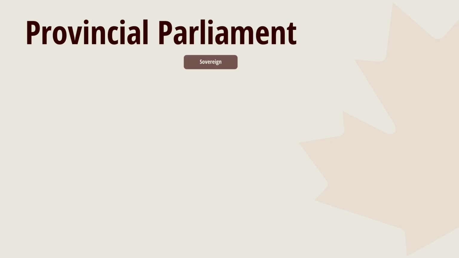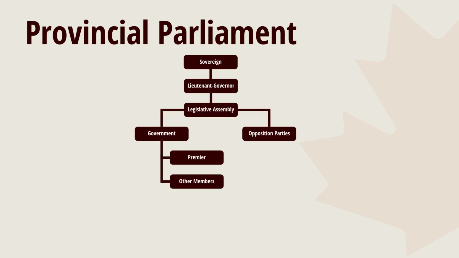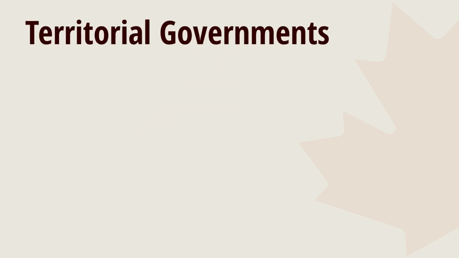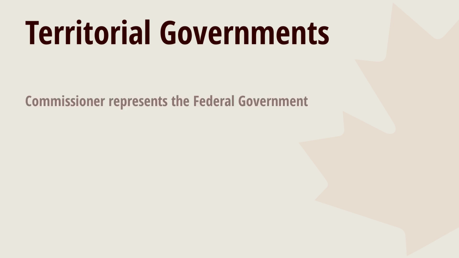Each province has a lieutenant governor who represents the sovereign and an elected assembly, similar to the House of Commons, with elected members. The leader of the political party in power in the provinces is called the Premier. In the three territories, there is a role called the Commissioner that represents the federal government.